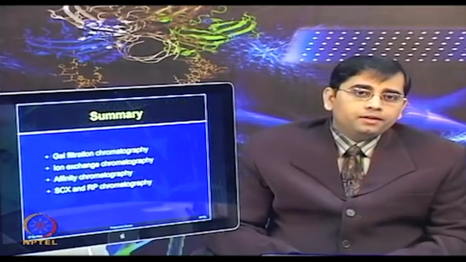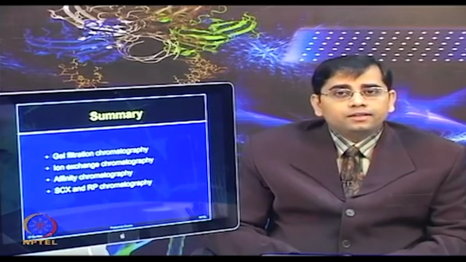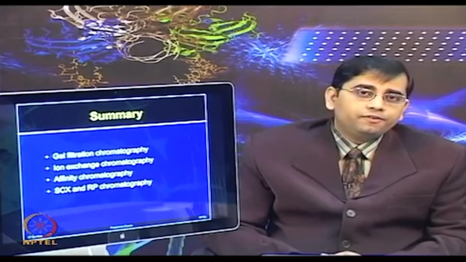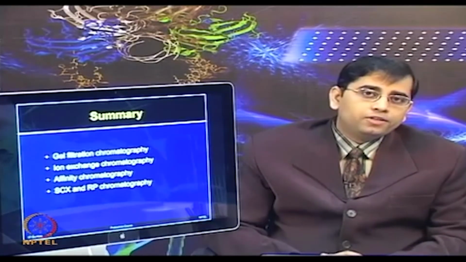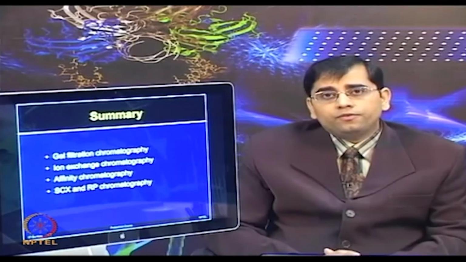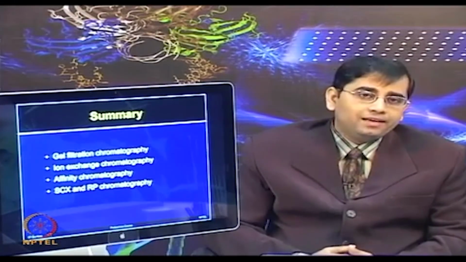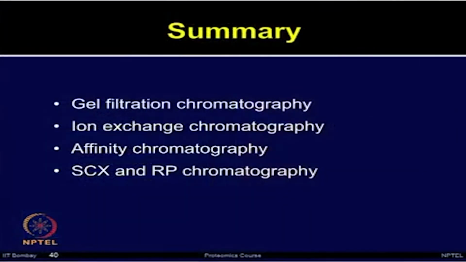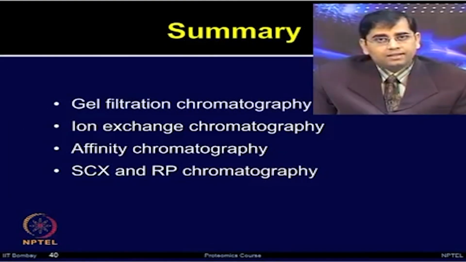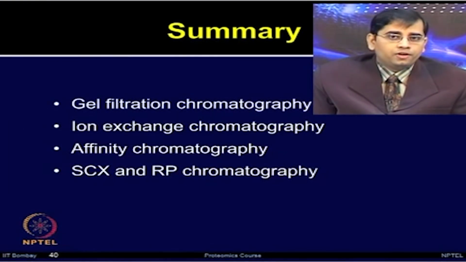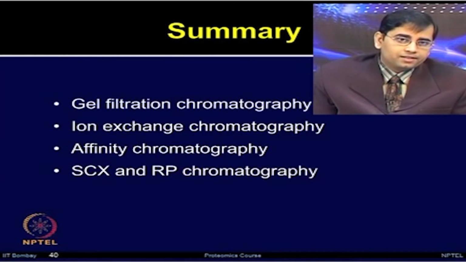In summary, in the last few years there has been an increased effort to develop technologies capable of analyzing protein expression at the proteome scale. Some of the chromatographic methods such as gel filtration, ion exchange and affinity chromatography were discussed.